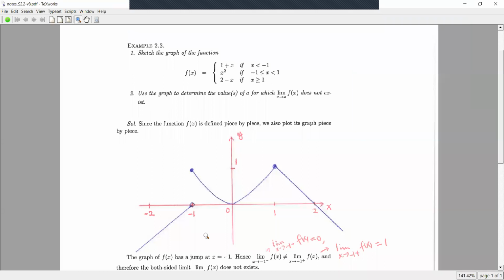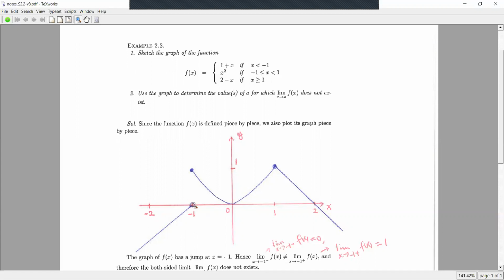Now, use the graph to determine the value of the point a at which the both sided limit doesn't exist. From the graph of the function, we can see that at x is -1, the graph has a jump. When a graph has a jump, the both sided limit doesn't exist because the left-hand side limit and right-hand side limit are different. When x approaches -1 from the left-hand side, the graph approaches this point.